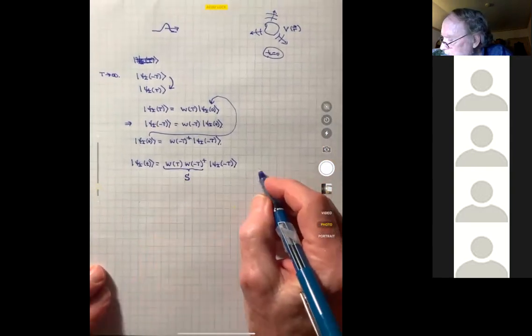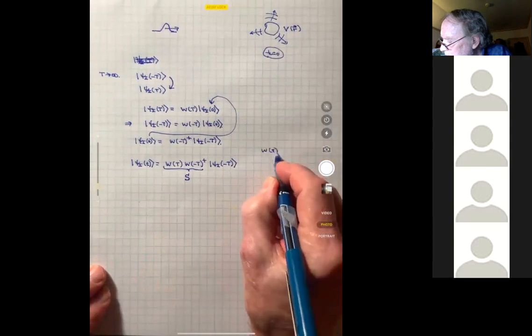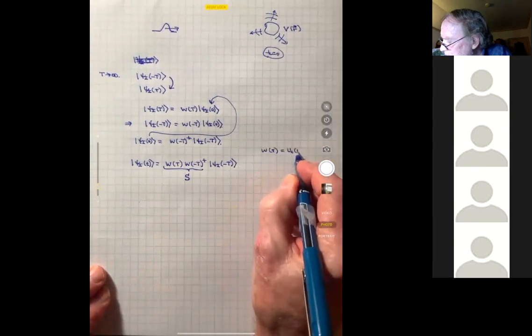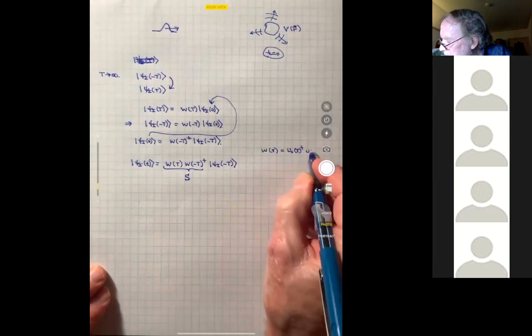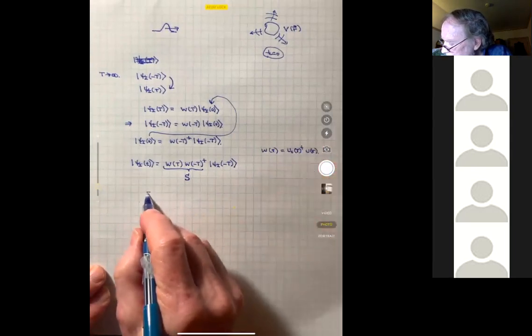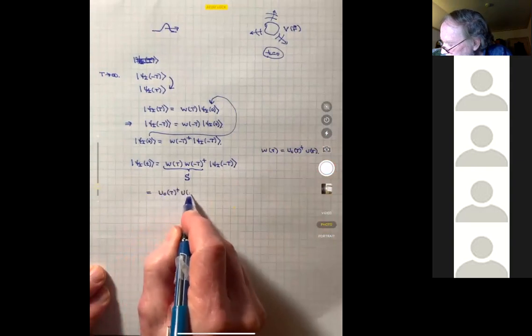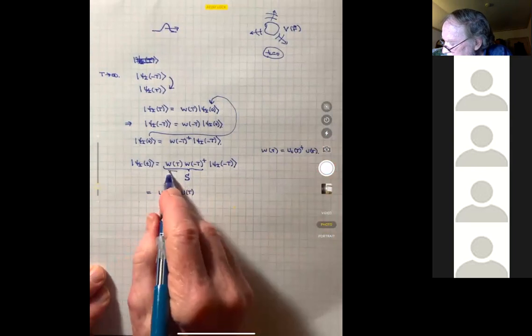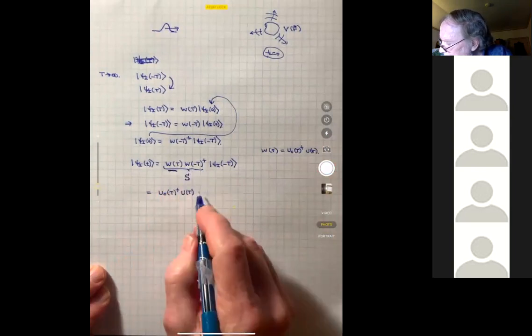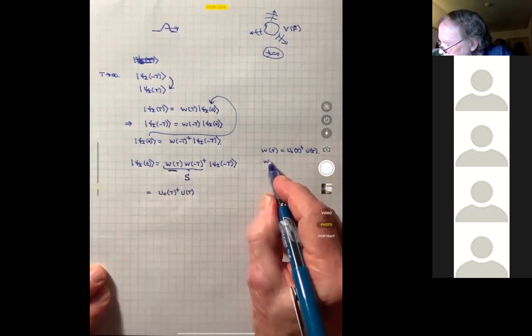So the W of T, I'll remind you, is given by U0 of T dagger, this capital T now, times U of T without a dagger. That takes care of the W of T part. And then W of minus T dagger: put in minus T here.